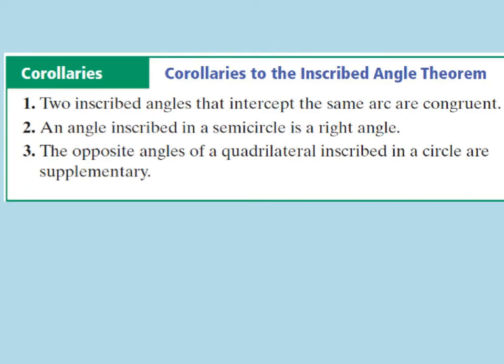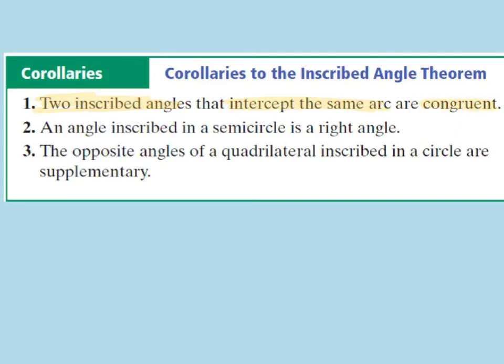Now the following are corollaries to the inscribed angle theorem, which is essentially additional concepts that you have to know about the inscribed angle that come from that original theorem. The first says that two inscribed angles that intercept the same arc are congruent.